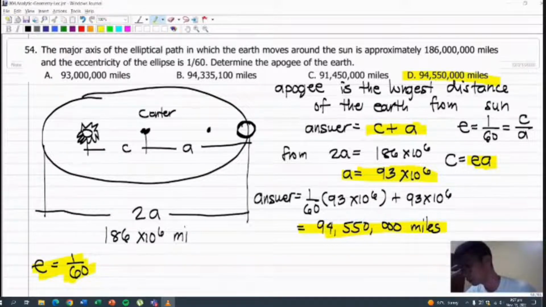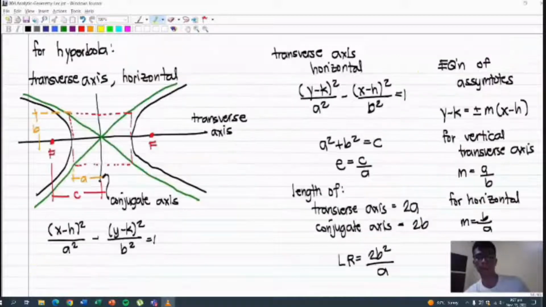So last 3 questions, and that is all about hyperbola. So ito yung hyperbola natin. So dito sa hyperbola, dalawa ulit yan kapag ang transverse axis ay horizontal and when the transverse axis is vertical.